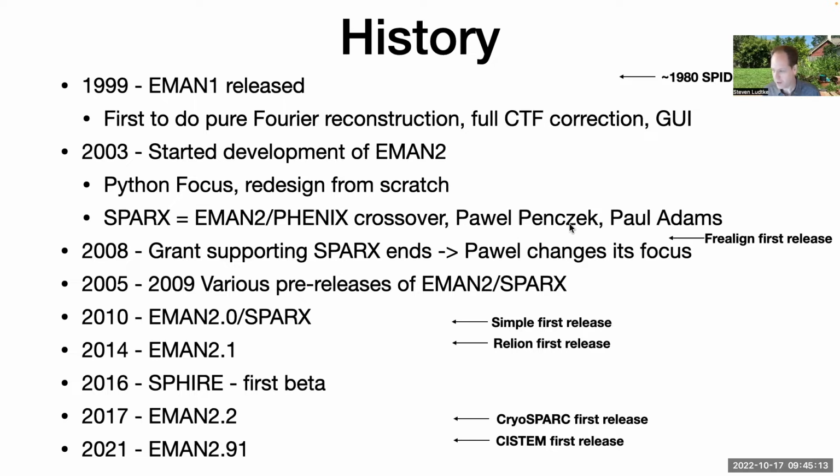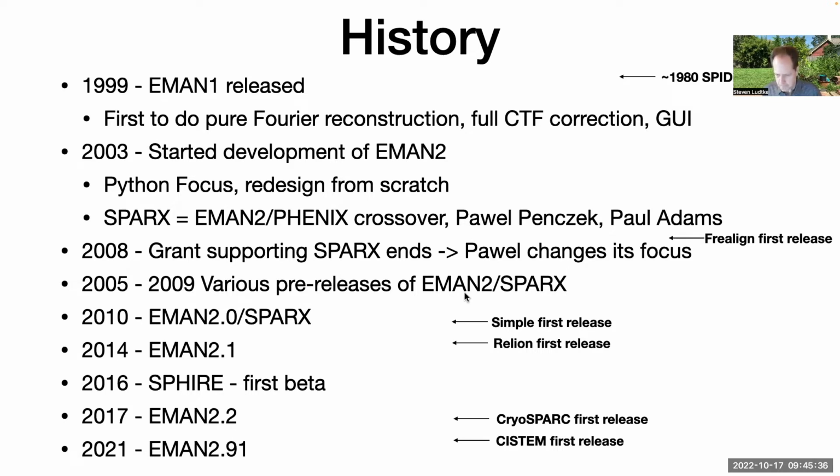Eventually that grant ran out, and Sparks became Pawel Penczek's project. He started developing his own single particle code and gave it the name Sparks. But it was still sort of jointly developed, sharing a lot of code base with EMAN2. So they're still jointly distributed to this day, although Pawel Penczek is now retired.